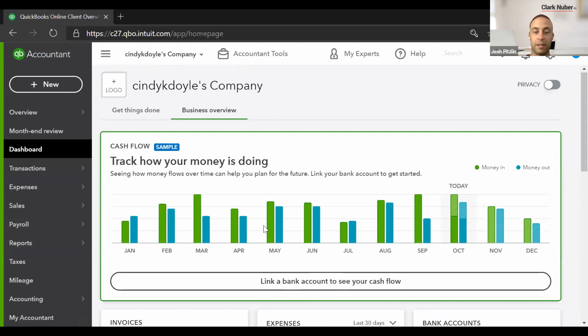what it would look like should you have your bank account linked, which I'm sure most of you do with your QuickBooks account. So it's going to give you both your historical money in, money out for each month, which will then show you, okay, how did we do that month? And you can look at that trended over the course of those months.